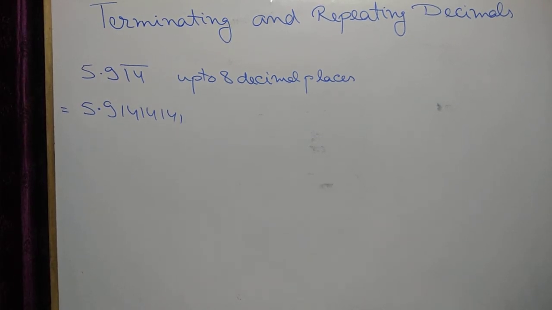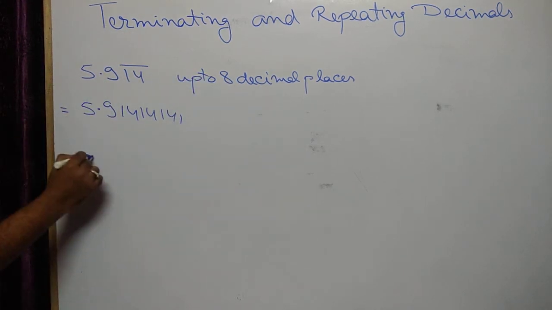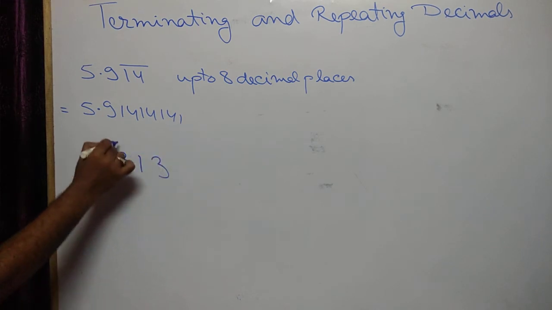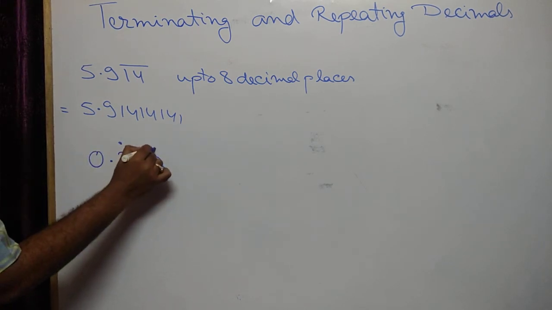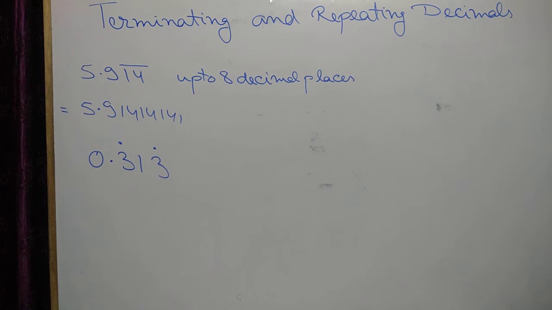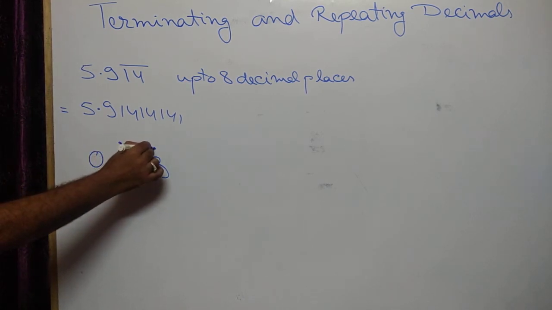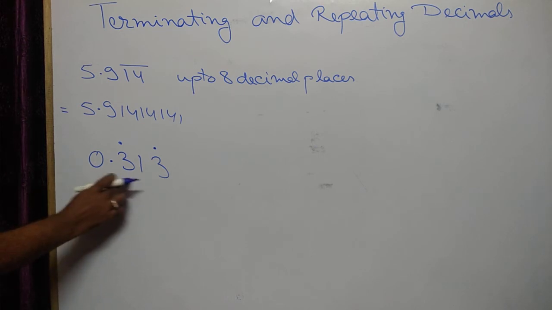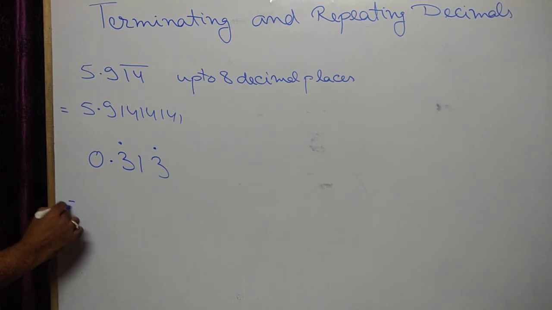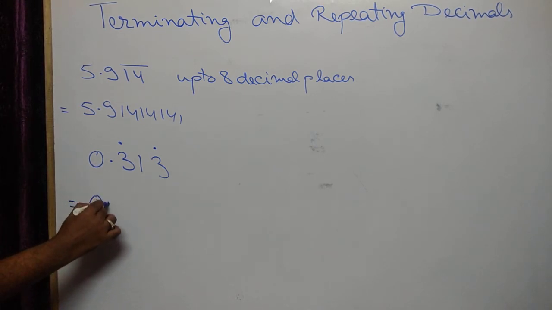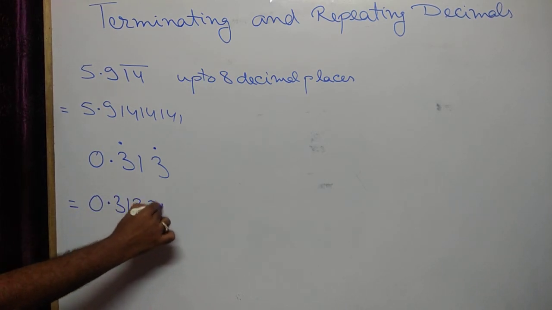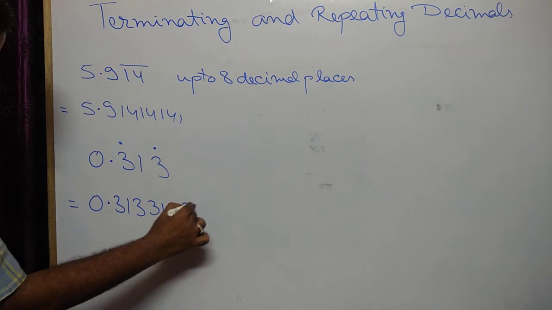Another very interesting question, the same type, up to 8 decimal places. It's 0.313 with repeating decimals, recurring. These dots are known as recurring, on 3 and 3. What does it mean? It means 0.313, again 313, again 313.